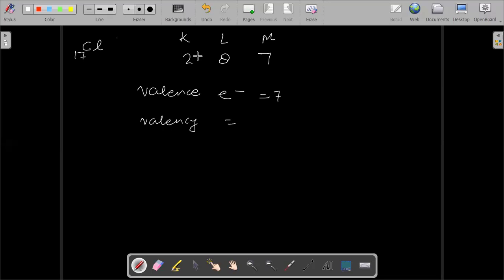If an atom has 7 electrons or whatever number of electrons, we observe that the outermost shell should have 8 electrons. The outermost shell can have 8 electrons, as 8 is the stable configuration.